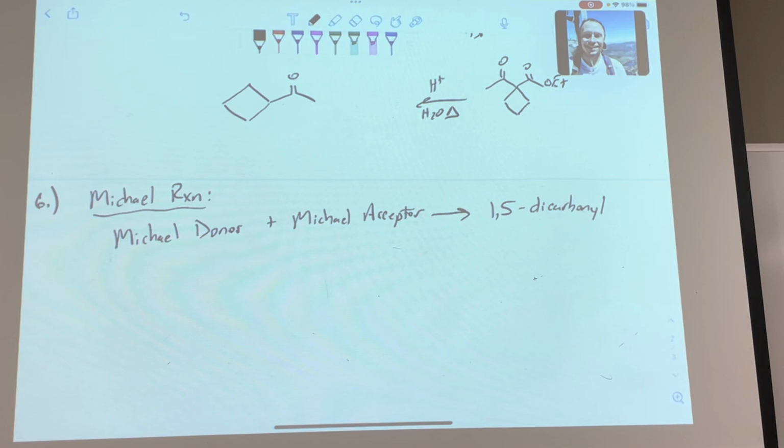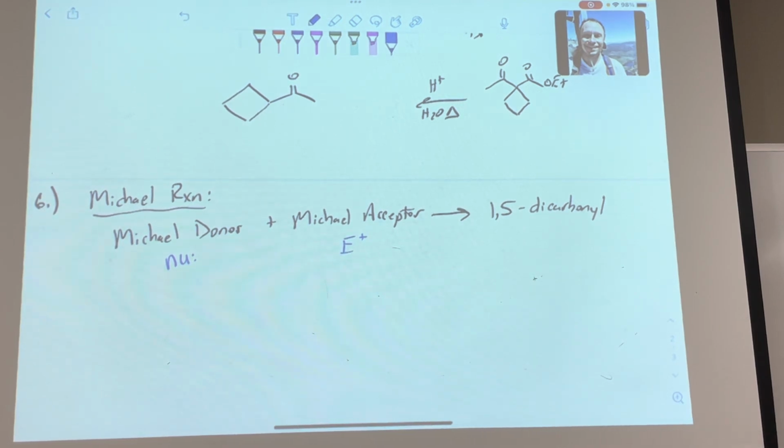So we have a little bit of explaining to do here, but in a very simplified way, you can think of the Michael donor simply as a nucleophile. You can think of the Michael acceptor simply as an electrophile.